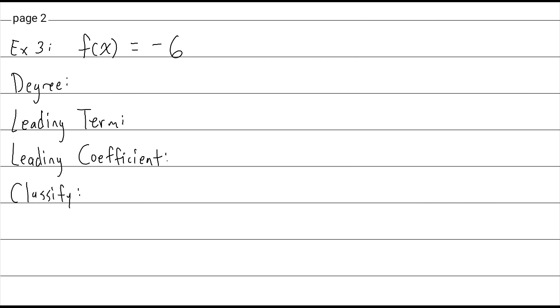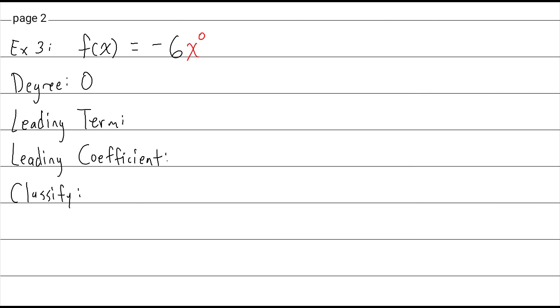Okay, so the issue here, of course, is there's only one term, and I don't even see a variable. Okay, so remember, we can deal with that. We said earlier that if it's just a constant, you can imagine x to the 0 power is attached to it. And if you think about it that way, it's a lot easier to figure out your answers, right? Because the degree would be 0.